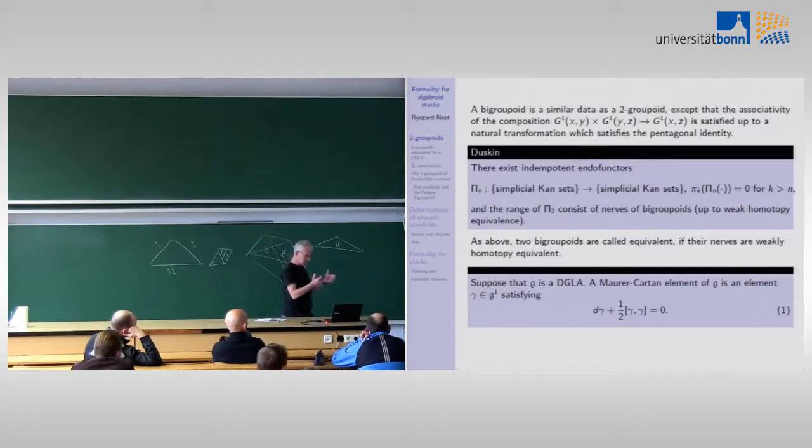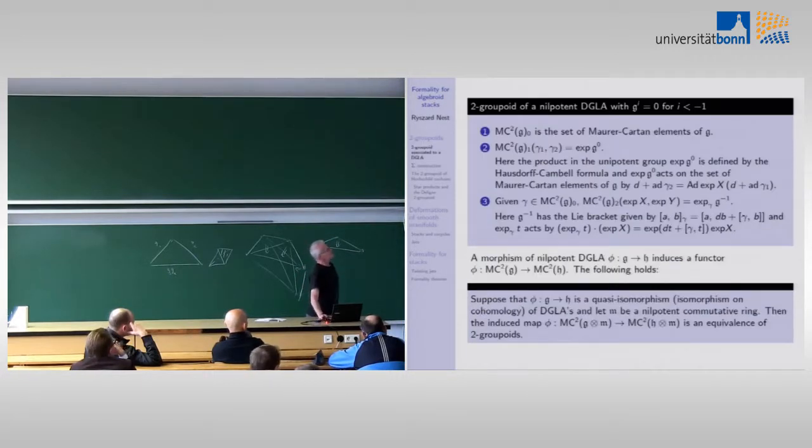So it's a graded vector space, it's a graded Lie algebra, it has a differential, and satisfies all the obvious compatibility conditions. Right? So one distinguishes these Maurer-Cartan elements, which are elements of degree 1, which satisfy this Maurer-Cartan equation. It's the same equation that you meet when you start studying Lie groups. There's this fundamental one-form on a Lie group, which satisfies the Maurer-Cartan equation. This is the equation.